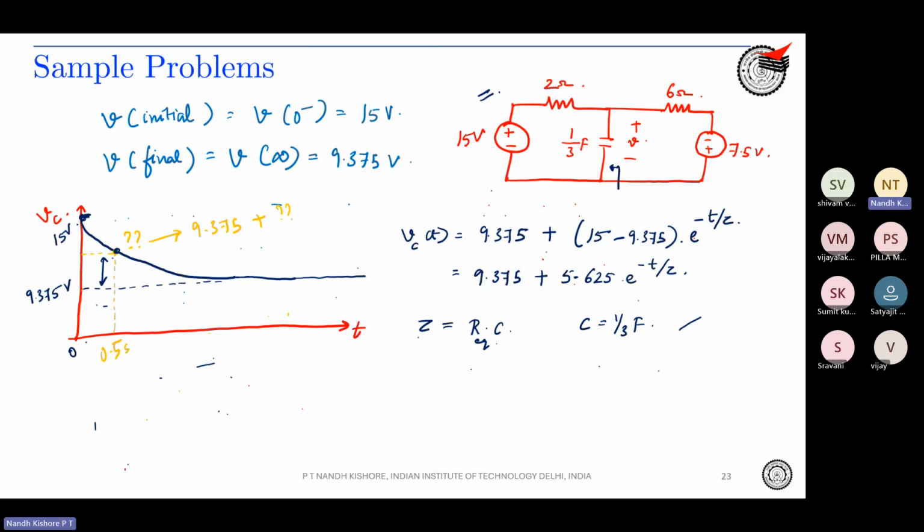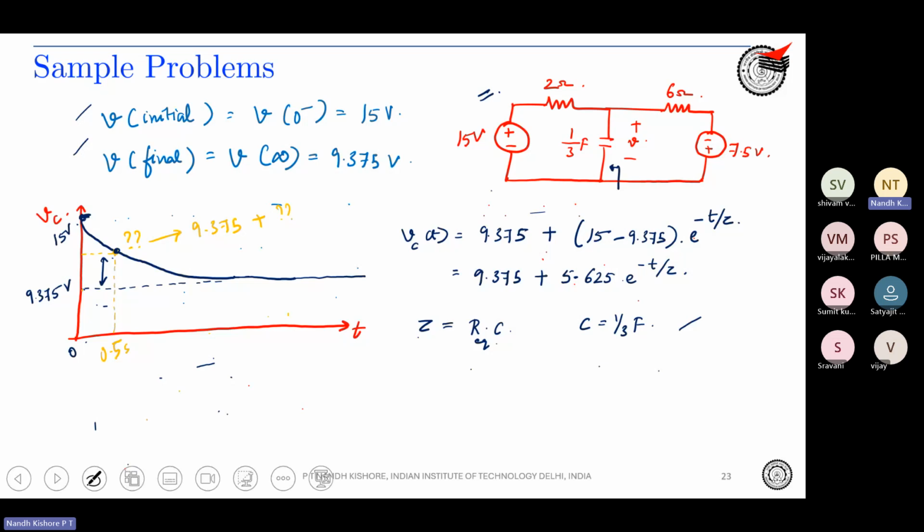So we have found the two extremes, the steady state before t equal to 0 and the steady state at t equal to infinity. Now, just think of a plot. Don't mug up the formula V infinity, V 0 minus and all. You think analytically. 15 volts was there initially. From there it's discharging to 9.375, and it would obviously be an exponential discharge. So just draw the graph.